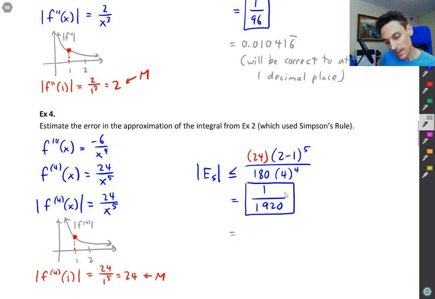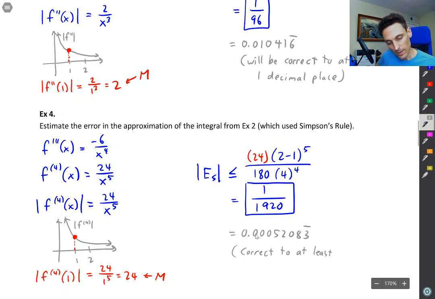So then here, when we write this as a decimal, we have 0.0005283 repeating. And this is going to be correct to at least, well, here there's a 0, here there's a 0.